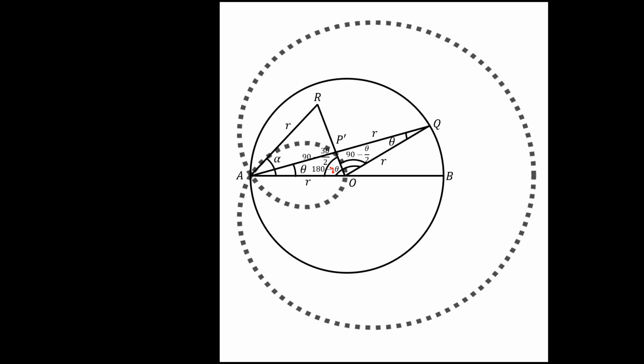And since this is the radius, this is the radius, this angle also is going to be equal to 90 degrees minus 3 theta over 2. And what does that mean for us? It means that alpha is equal to 180 minus twice (90 degrees minus 3 theta over 2).